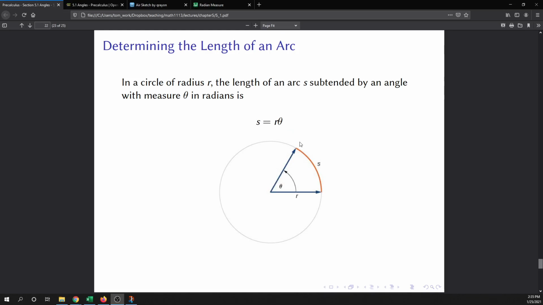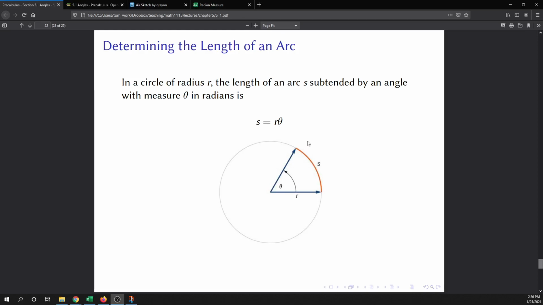So how you would find that arc length, right, is the arc length is equal to the radius times the measure of the angle, but there's one huge catch that you need to be aware of, and that is this formula only works if the angle is measured in radians, okay? So if you have the radian measure of the angle, then you just throw it right there in the formula with the radius, and that's it.